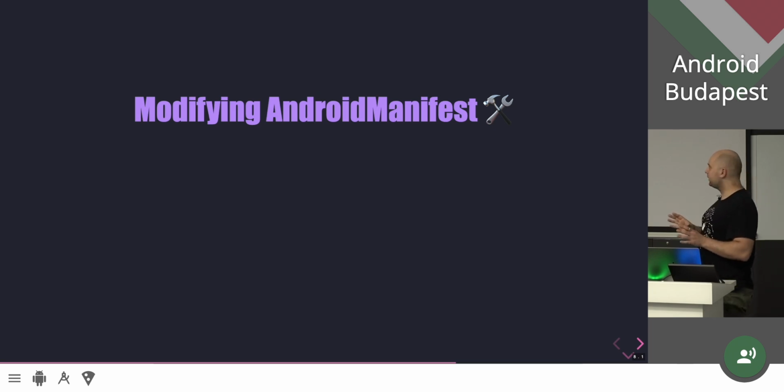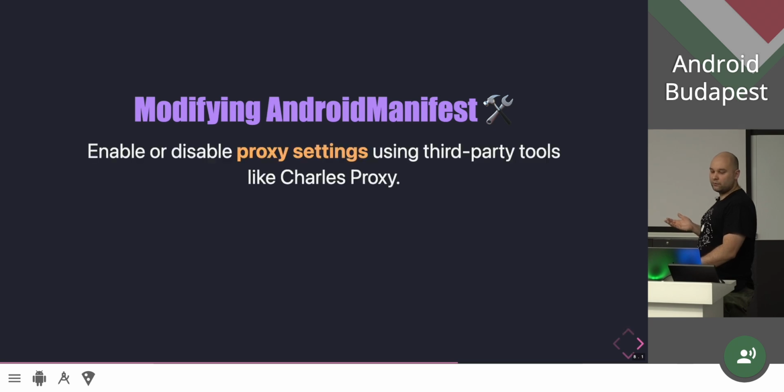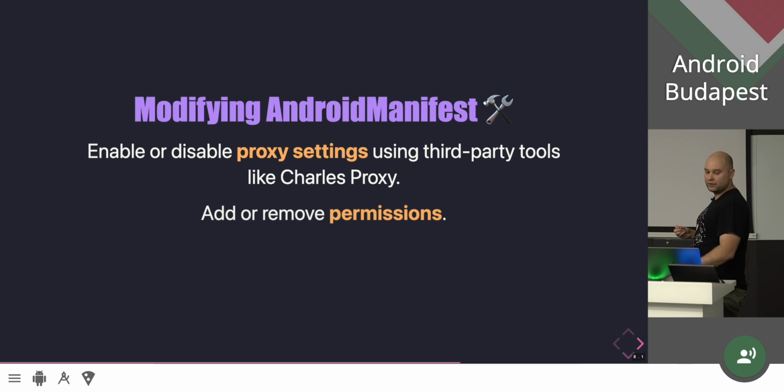But for our case, we have a completely dedicated QA community, so we are comfortable with that. But to enable the proxy settings, you would first need to generate a network config file, and then you need to attach this network config file to the manifest. Another reason why you would like to modify the Android manifest is adding or removing permissions, adding or removing services.